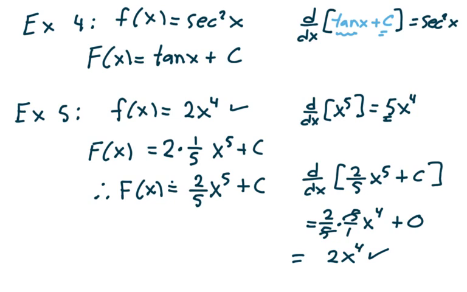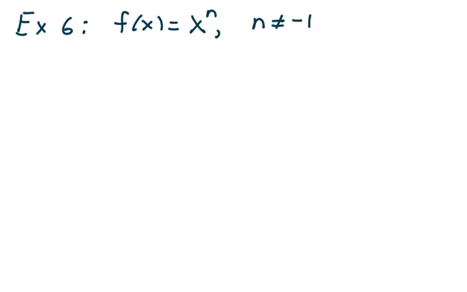Now, I want you to watch where I carry this to. So, suppose I start with example 6. Now, suppose f of x is equal to x to the n, where I don't want n to be -1, by the way.